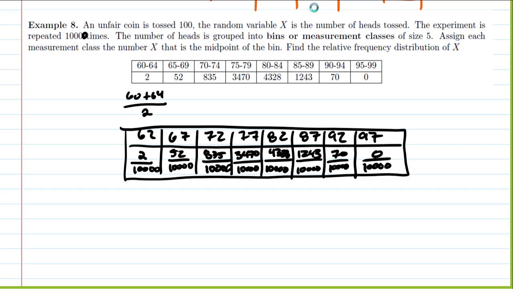So that would strongly suggest that this coin probably comes up heads, I would say, around 80% of the time, right? Because we got between 75 and 84 heads, if you add those two percentages together, about 77% of the time. So that would seem the most likely weighting for that coin.